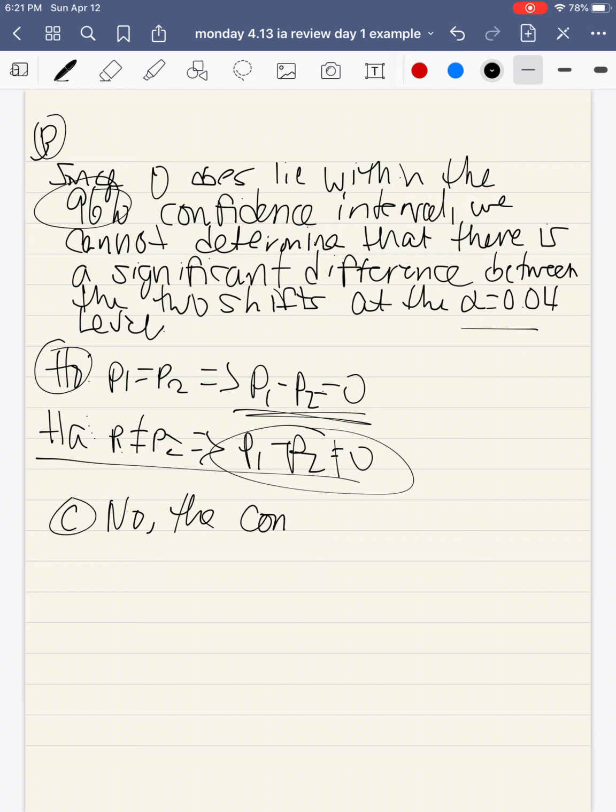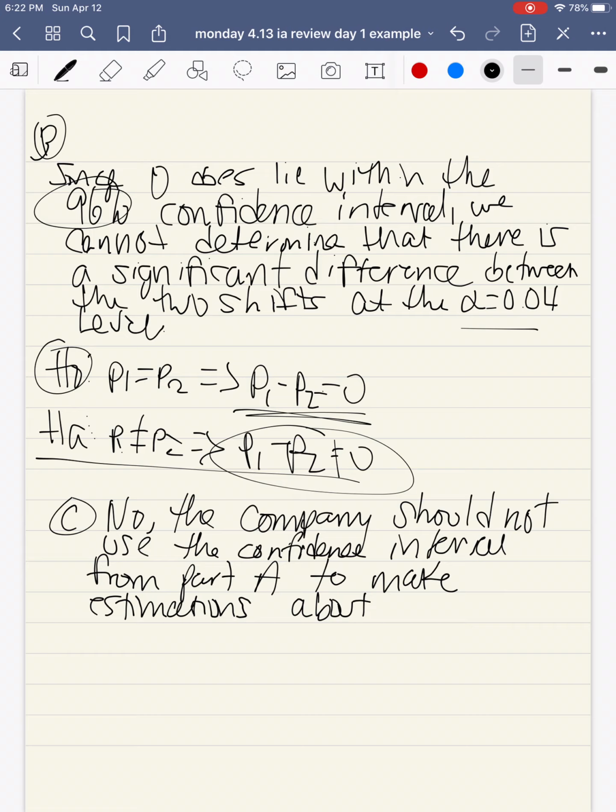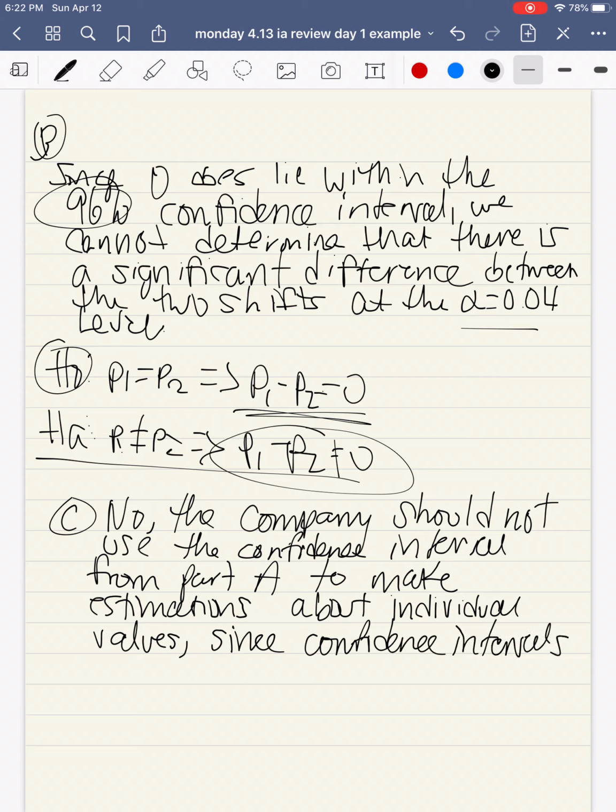The company should not use the confidence interval from part A to make estimations about individual values, since confidence intervals estimate population values.